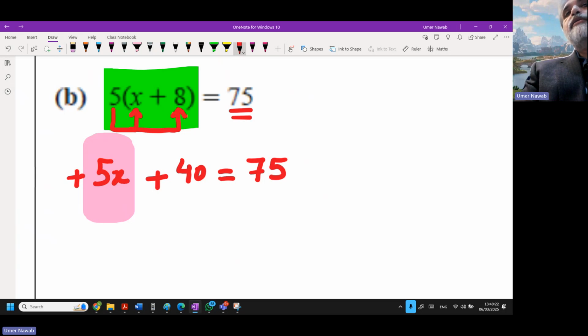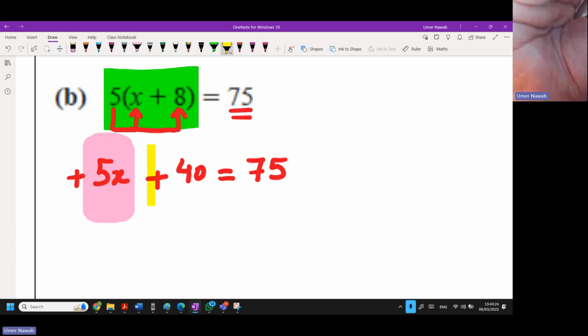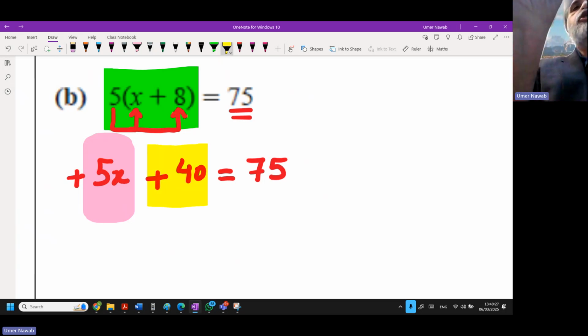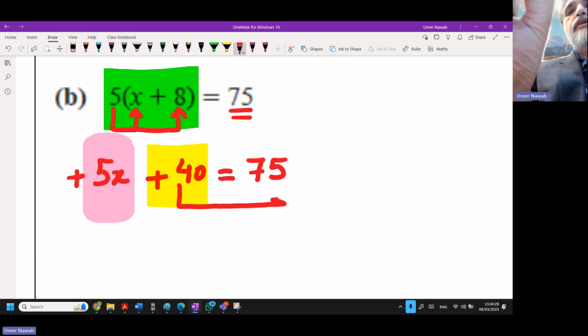Now, how can I isolate it? The thing which you have learned from me, this plus 40 should be shifted to the right hand side. So when the plus 40 is shifted to the right hand side, it will change its sign.